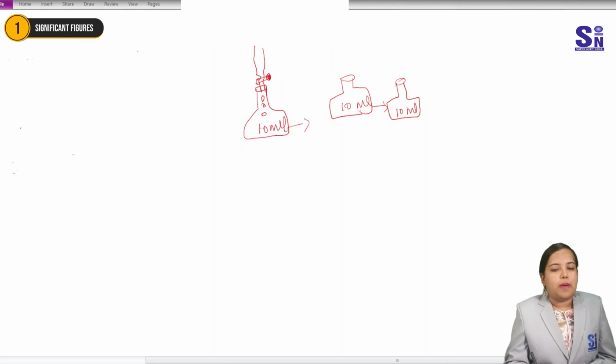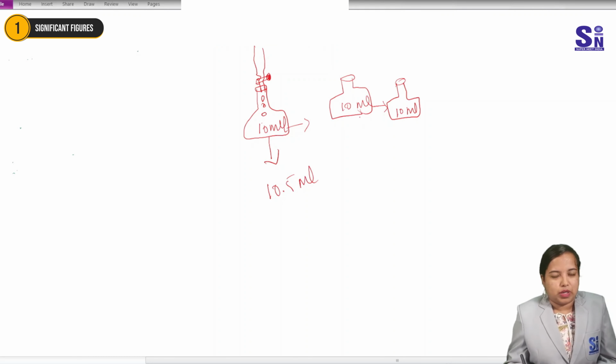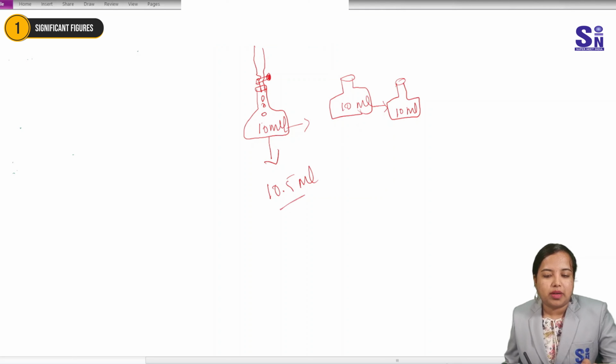When you titrate three times, for the first flask, the first analyte, you get 10.5 ml, because the reaction ends by changing color at around 10.5 ml.